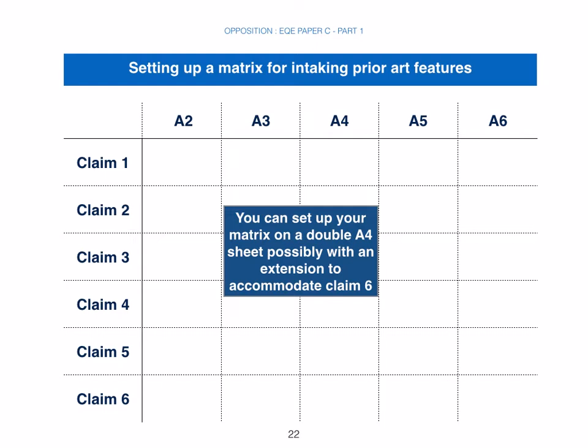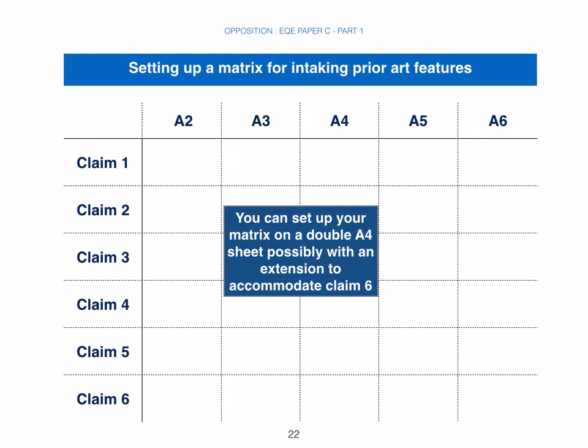And we can include an indication of the claim dependency and its effective date somewhere in the chart. The documents A2 to A6, which are prior art documents, each have a vertical column in correspondence with the claim features, so that we're going to compare the features of the document with the features of the claim by putting them side by side.